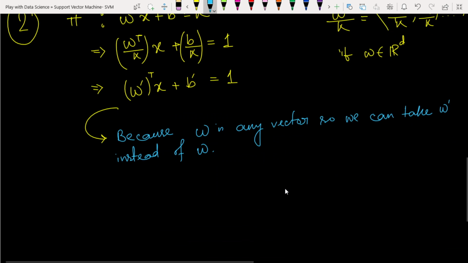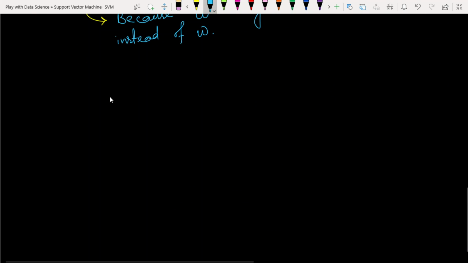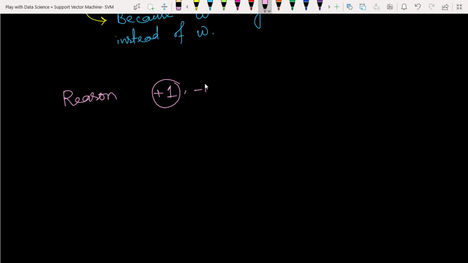I think there is no problem. If we summarize, the main reason behind taking plus 1 for pi plus and minus 1 for pi minus is simplicity of our math.